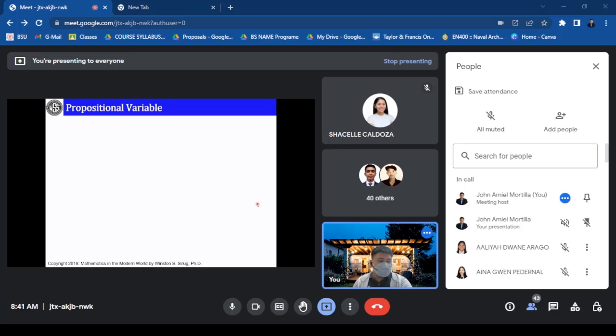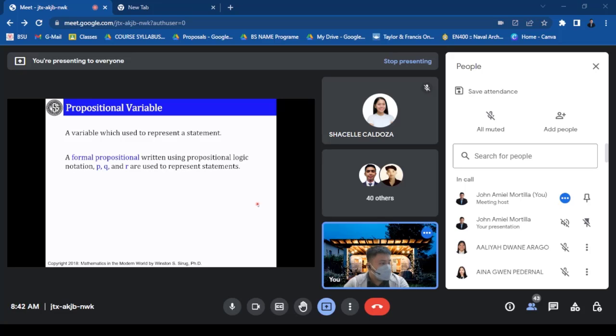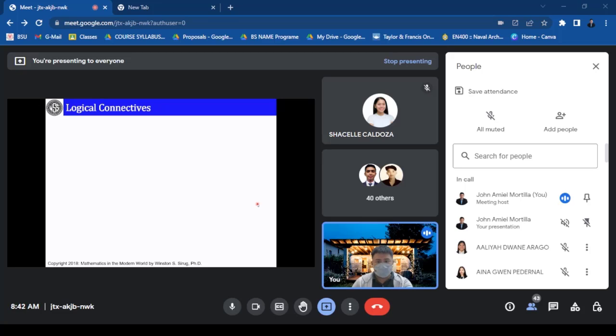Okay, so we have next propositional variable. So propositional variable, a variable which is used to represent a statement. So formal propositional written using propositional logic, notation P, Q, and R are used to represent statements. So logical connectives.